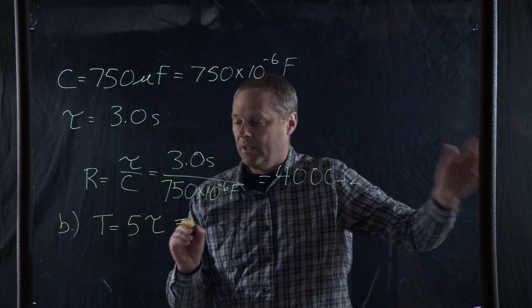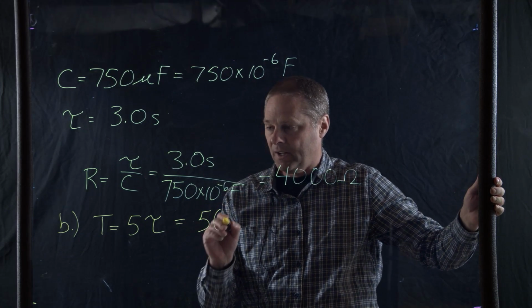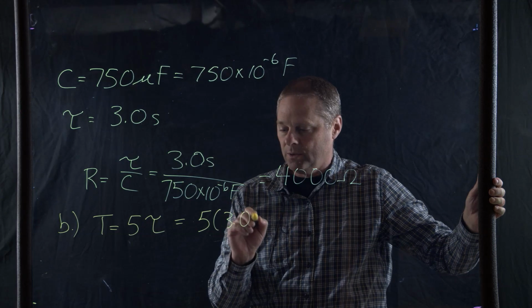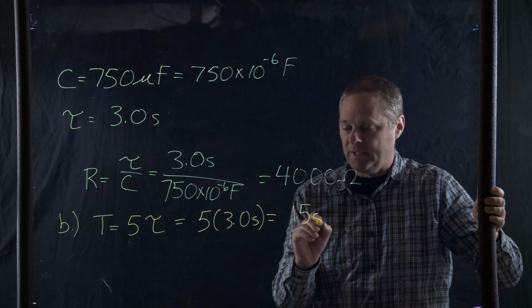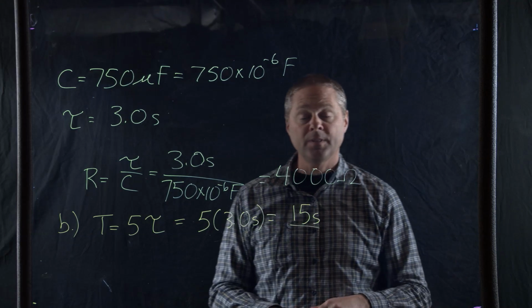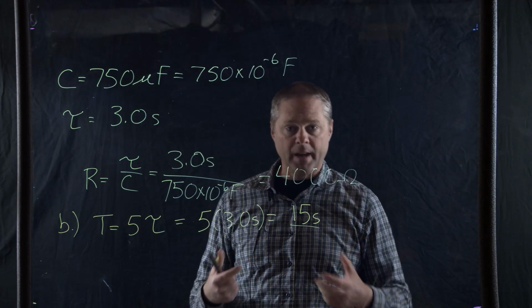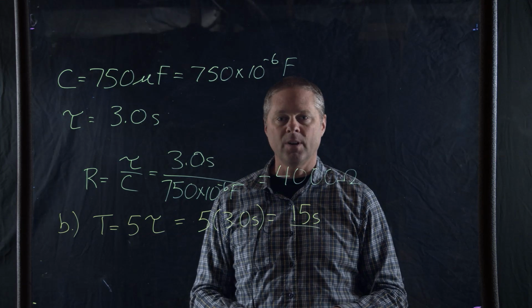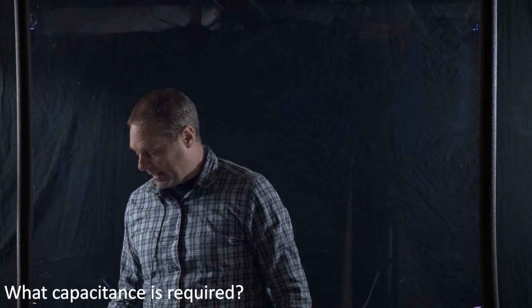If we put our tau in there, which is 3 seconds, it will be 5 times 3.0 seconds, and this is equal to 15 seconds. So it's going to take 15 seconds to charge up the capacitor that allows the flash to go off.